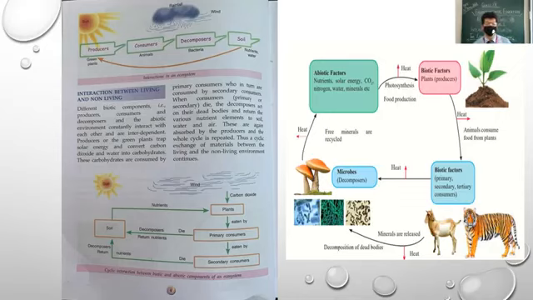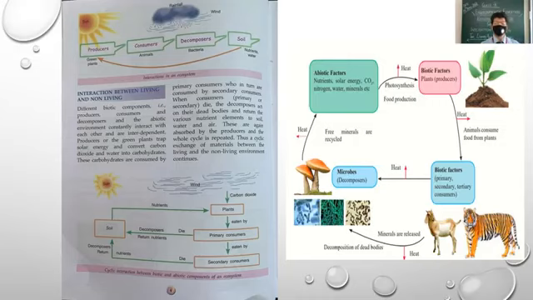You can see in the picture which I have put on the right side, that is the cycle. So, thus a cycle of exchange of materials between the living and the non-living environment continues.